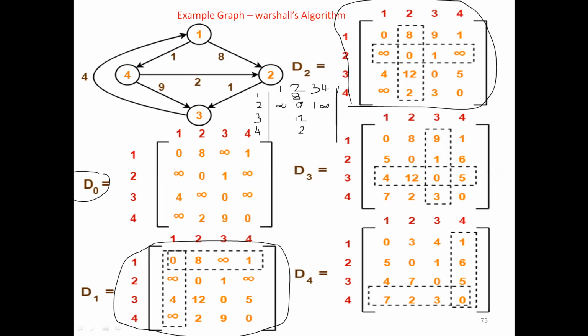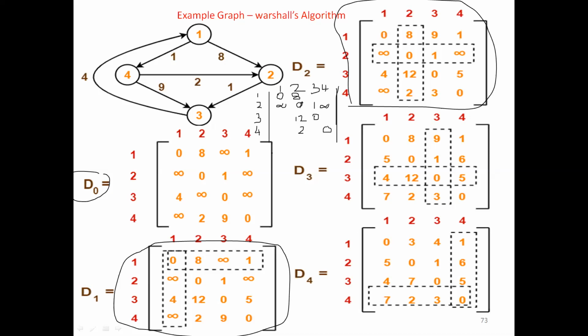Now I am going to fill the remaining cells. The diagonal elements will be 0, because in our algorithm we assume there is no self loop and no parallel edges. So I'm making the diagonal 0.